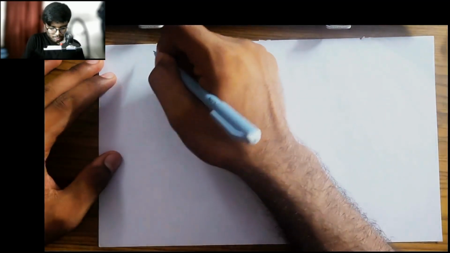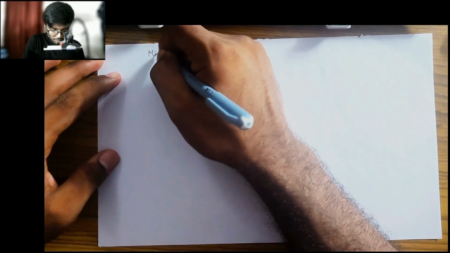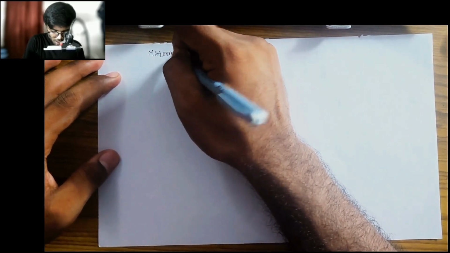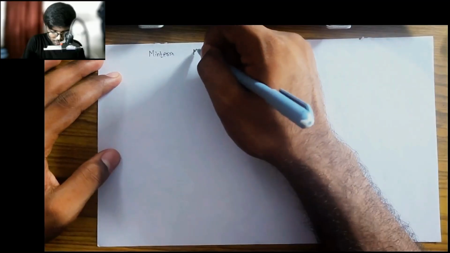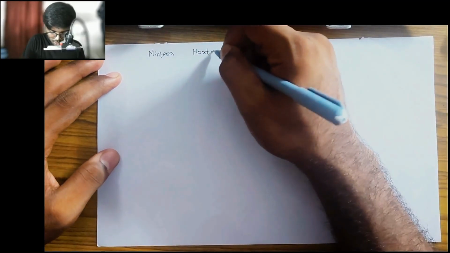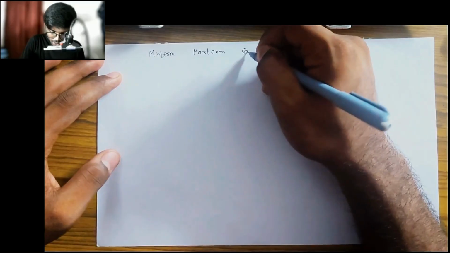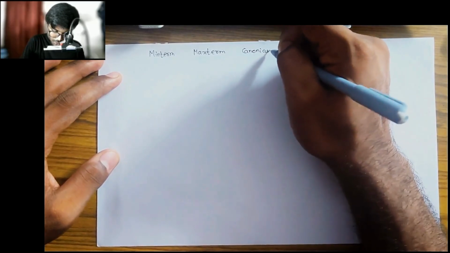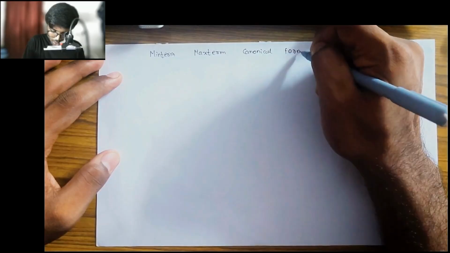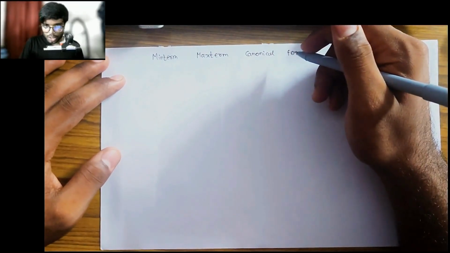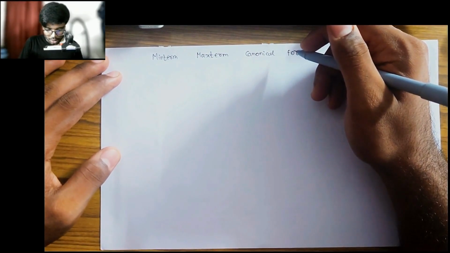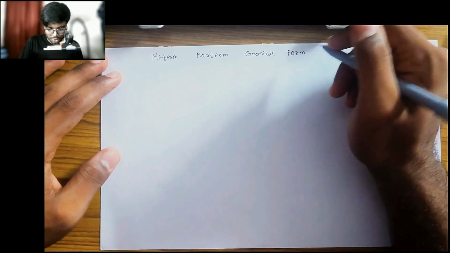Okay, now we will be discussing minterm, maxterm and canonical forms. Now there are two types of Boolean expressions, sum of products and product of sums.